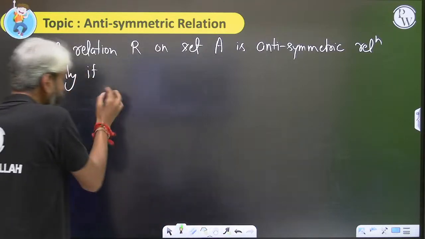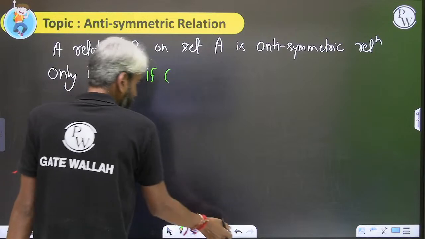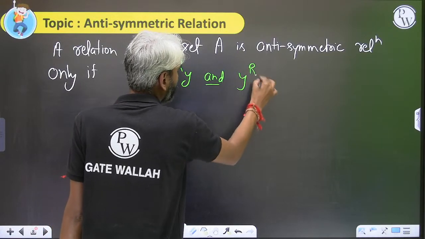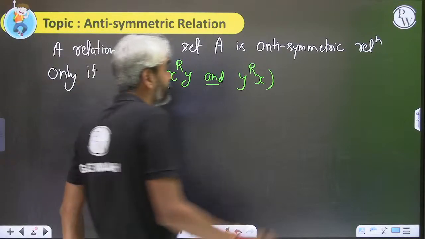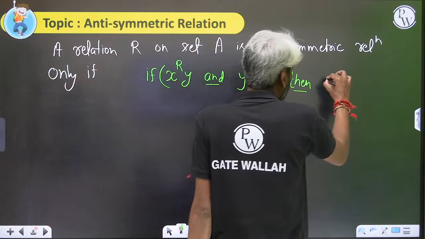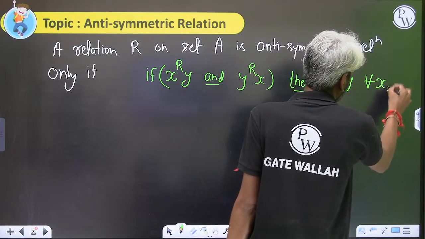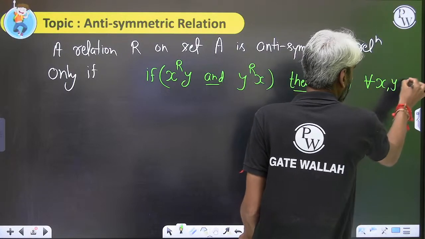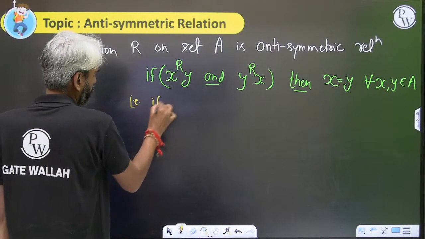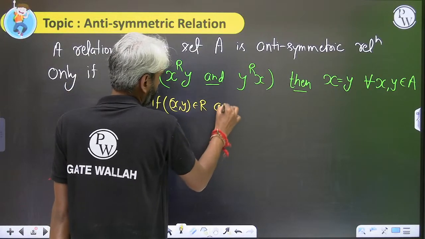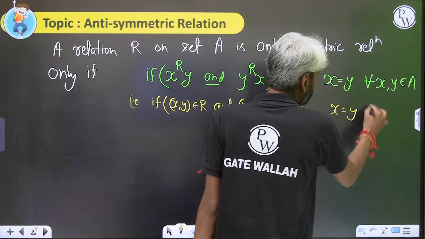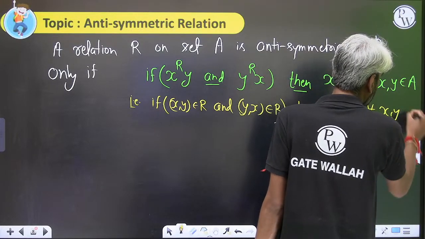If x relates to y and y relates to x, that is, if both hold, then x must be equal to y, for all x comma y belonging to set A. That is, if x comma y belongs to R and y comma x also belongs to R, then it should happen only when x is equal to y for all x comma y belonging to set A.